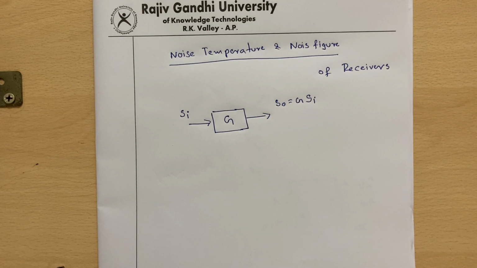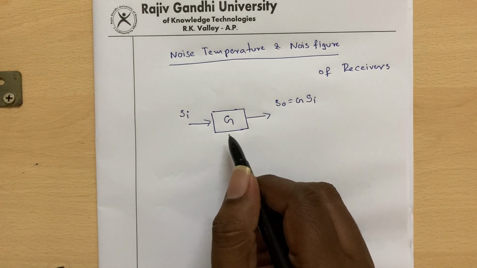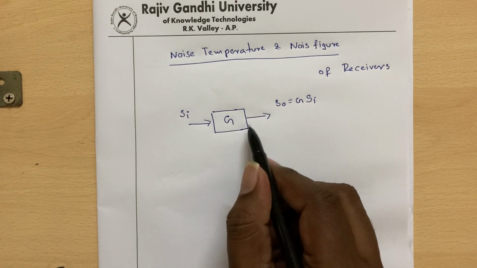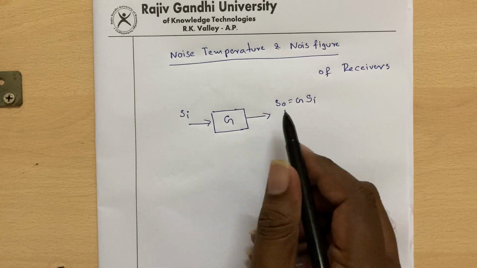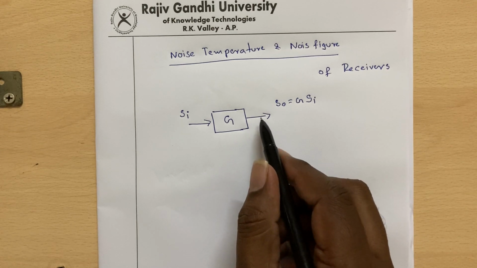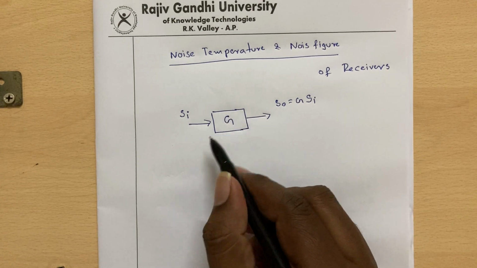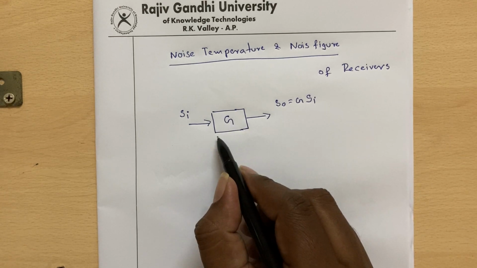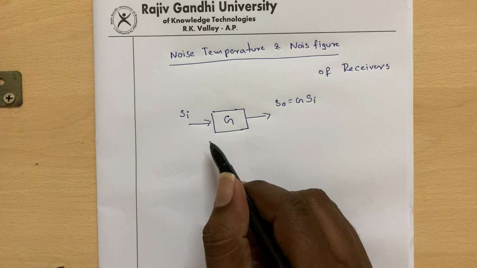If there is a block, this block can be either an amplifier or a bandpass filter, or any other operation. But what we require is to discuss noise temperature, because we are talking in terms of powers only.